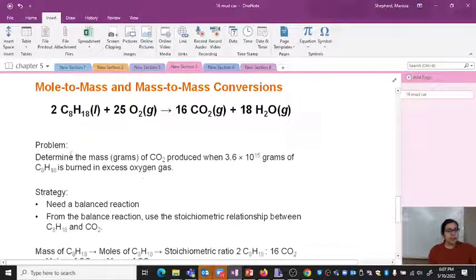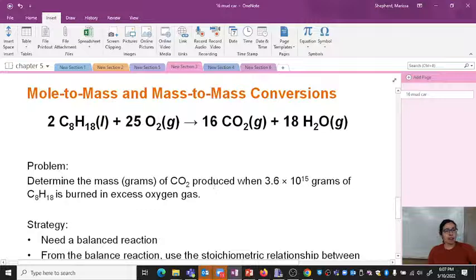It says: determine the mass of carbon dioxide produced when 3.6 times 10 to the 15 grams of octane is burned in excess oxygen. So we don't need to worry about finding our limiting reagent. I'll give everyone some time. How do we go from grams of octane to grams of CO2?